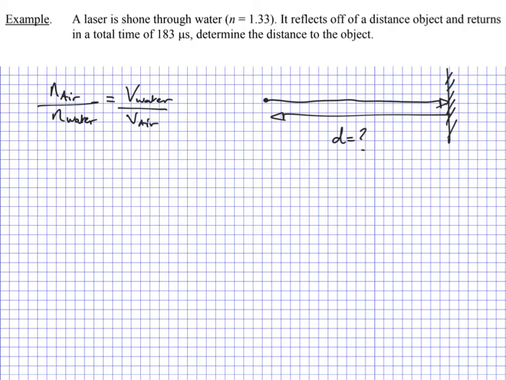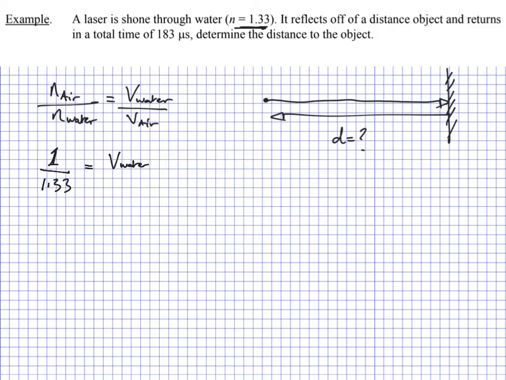Now, this is the cool part, because of course we know some of these values. We know the speed of light in air, and we know the refractive index in air. So let's just restate this in terms that are going to be familiar to us. Let's restate it as N in air, so 1, divided by the refractive index in water, which is given, so I'm going to put that in as 1.33, is equal to the speed in water.